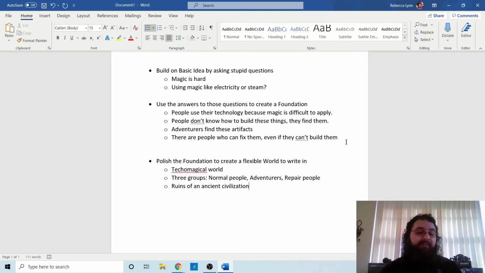There are roughly three groups of people in the society: the normal people, who don't really do anything with this stuff, the adventurers, who find it, and the repair people, who fix it. And these things are found in ruins of ancient civilizations. So that is a pretty robust base for starting a story.